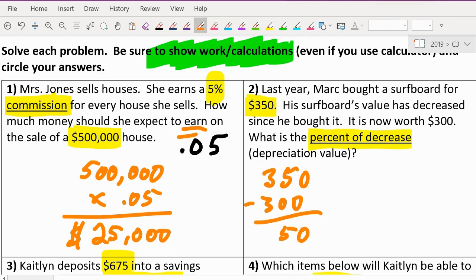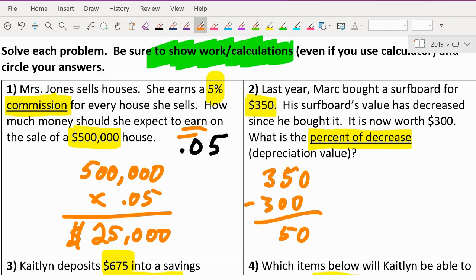Now we need to find the percent. So when you have two numbers and you want to find what percent one is out of the other, you just divide. Remember when we had that very first worksheet and it said turn these fractions into a percentage?